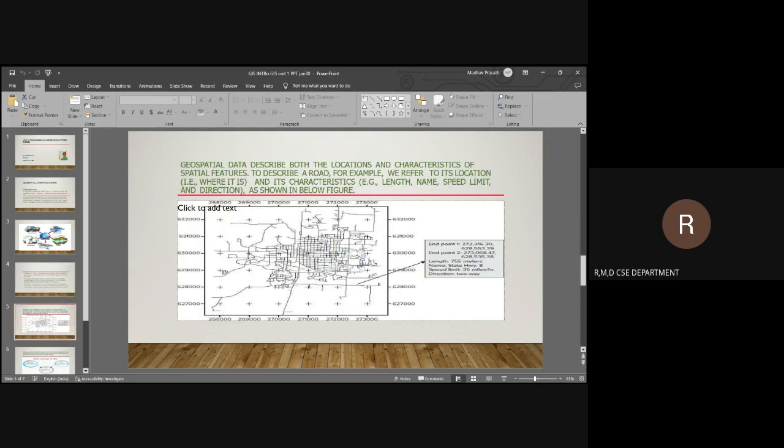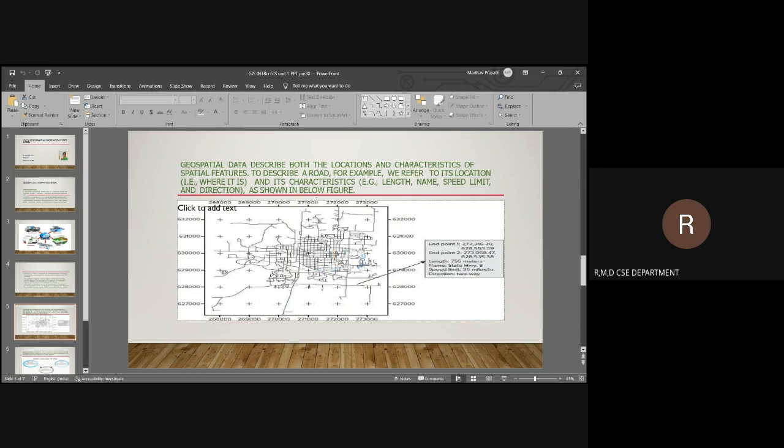Geospatial data describes both the locations as well as the characteristics of spatial features. The spatial data is nothing but the location data. How do you get it? In the form of vector data and raster data, and vertex data also will be provided.